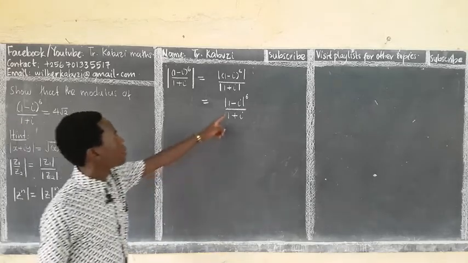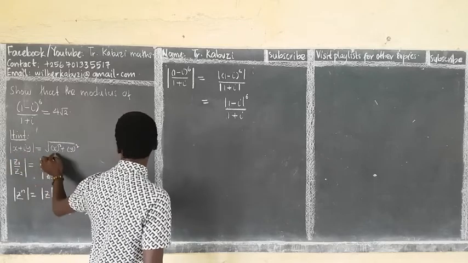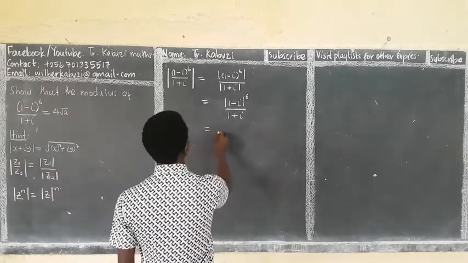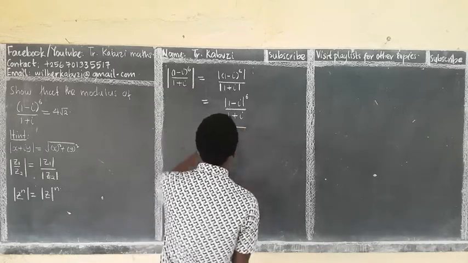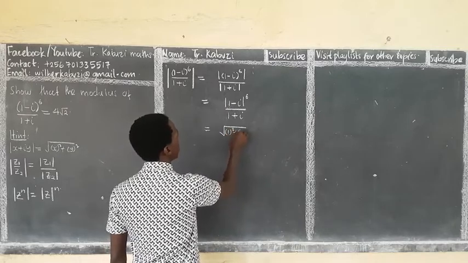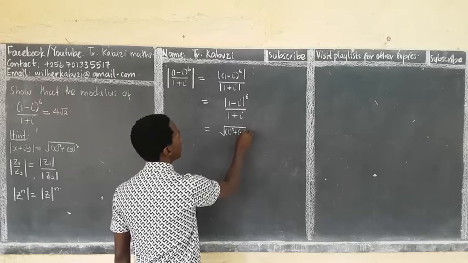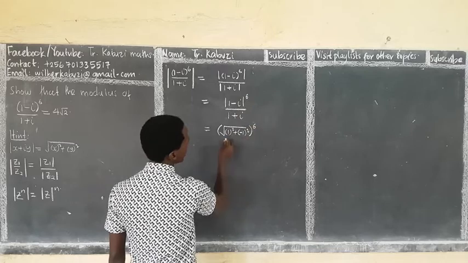Now I need to get the modulus of this. Remember, when you have a real part and an imaginary part, we square them, add, and take the square root. Dealing with the upper one first: the square root of 1, the real part squared, plus the imaginary part, where the coefficient of i is -1, squared, but the whole is having power 6.